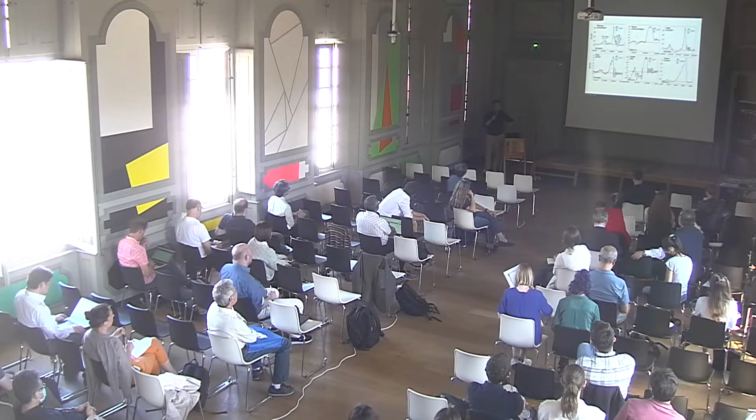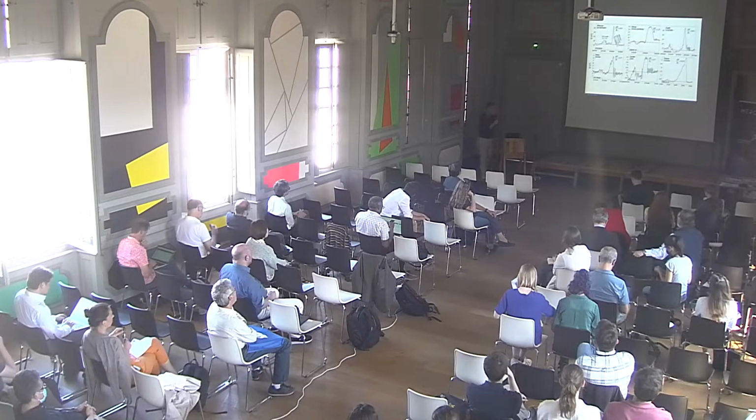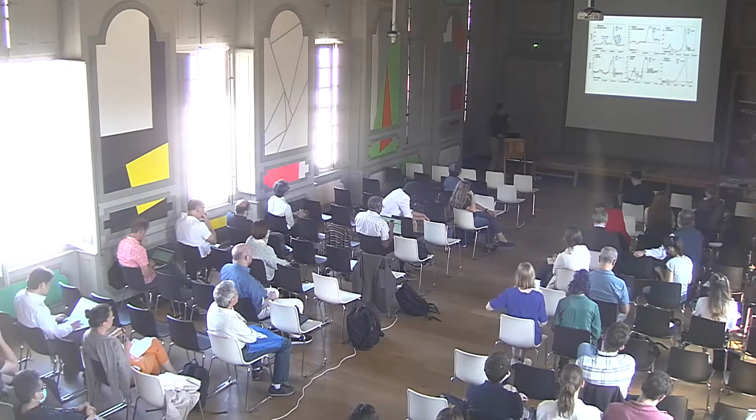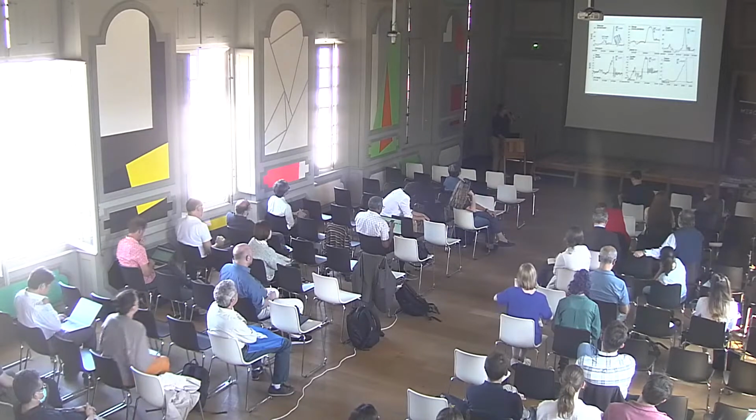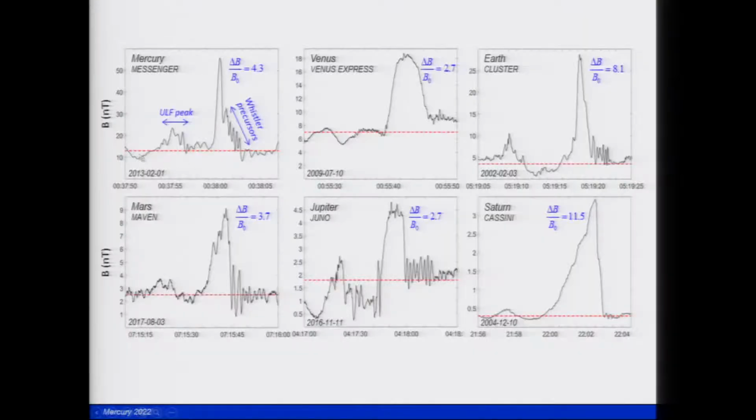My plan is to have a look at all these other planets, and I made some very preliminary studies. We can see them also at the non-magnetized planets, and they look very similar. They exist in this ULF wave field. They have similar amplitudes. They even have this signature that you sometimes see at SLAMs at Earth, these Whistler emissions at one side of the SLAMs.